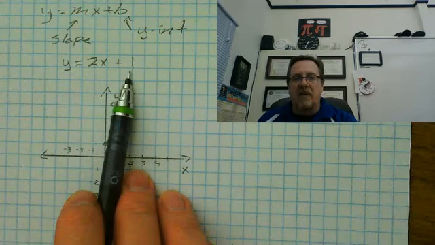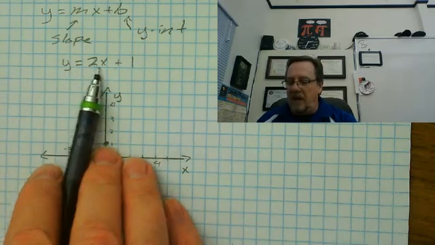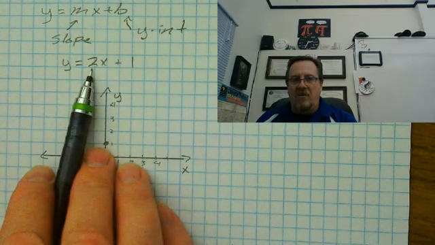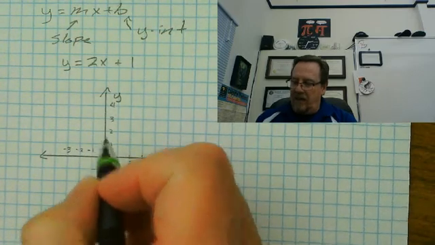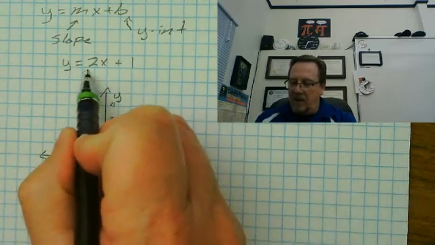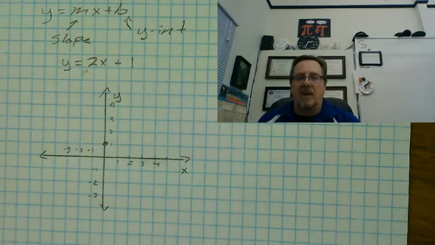So when we're graphing these, and again, this is review, we have y equals mx plus b. m is 2, b is positive 1. So what we can do is look to our slope to find out where the next point is going to be.